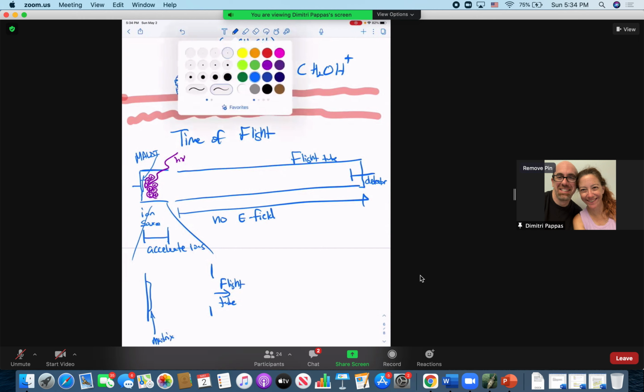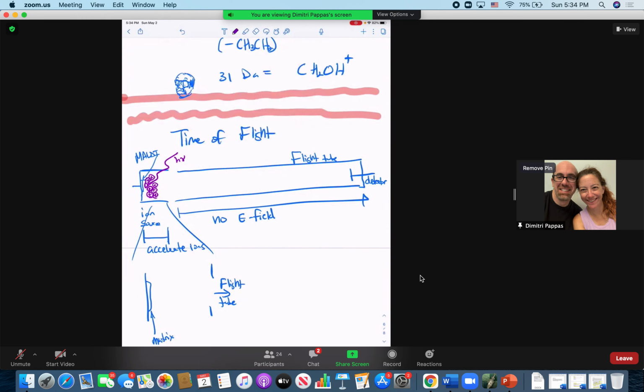You just fired your laser, and so now you've got a bunch of ions floating around near the surface. You turn on the electric field in the ion source, and so you accelerate these ions through that distance.